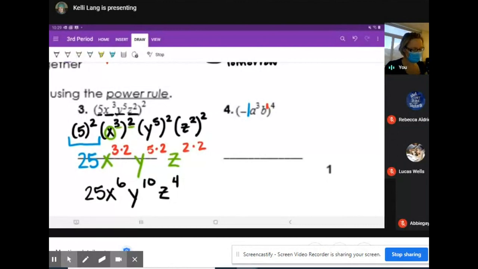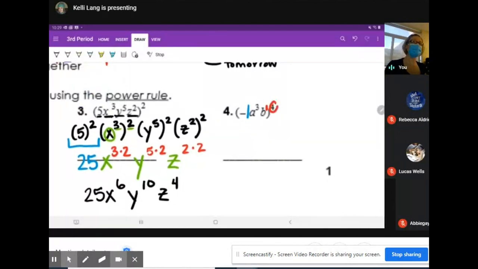So what we're going to do with that is start with the 4. We need to take this 4 that's on the outside and distribute it in to every single base on the inside. So that means we'll have a negative 1 to the 4th, an a cubed to the 4th, and a b to the 1st to the 4th.